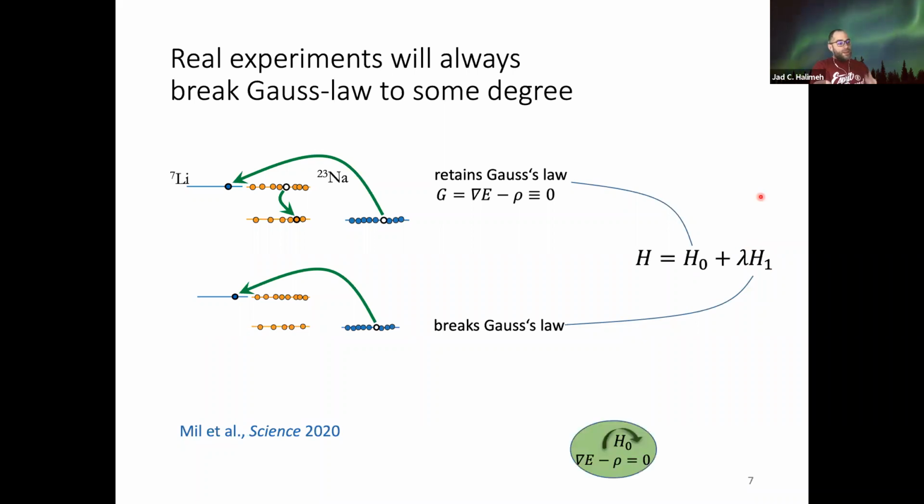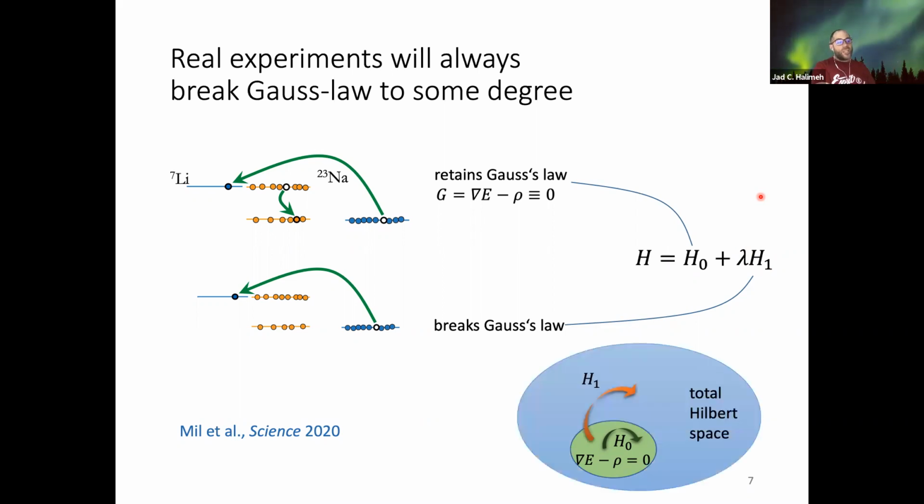Schematically, what H0 does is it leaves your dynamics in the gauge invariant target space, basically the subspace of Gauss's law. What H1 does is it drives your dynamics outside of this target subspace. And the question is, how can I ameliorate this? How can I resolve this problem?